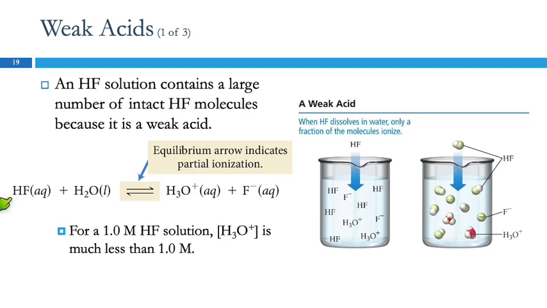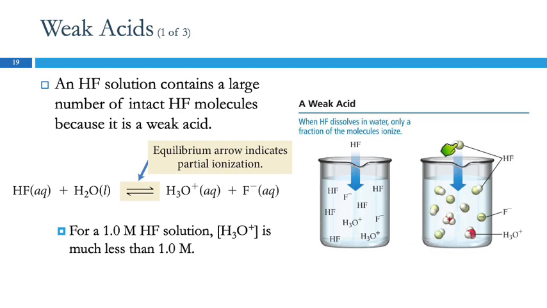So when we write an equation describing how HF reacts with water, then we have equilibrium arrows. This is going both ways, and it's not complete. So some of the HF will donate a hydrogen to water, making hydronium ion and a fluoride ion, but a lot of it won't. So here we have a picture with letters and here with models.